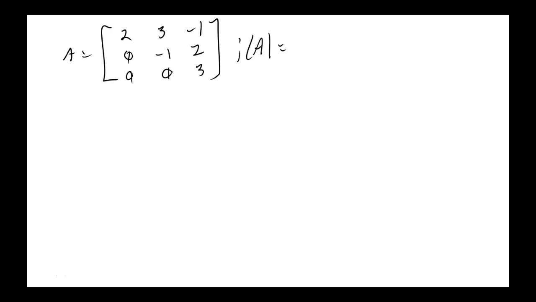So the determinant of A will be, we're going to pick the first column, and let's put the first entry in that. What is the position of that 2? Positive position. So that's going to be 2 times, and what do you have left?